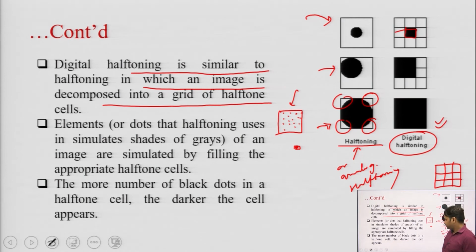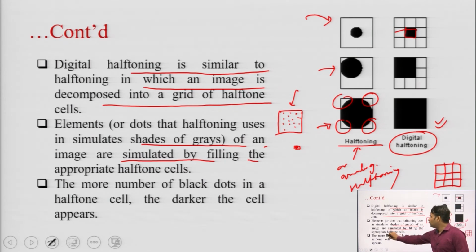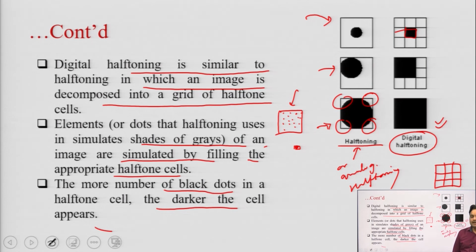Now, shades of gray of an image are simulated by filling the appropriate halftone cells. The more black dots in a halftone cell, the darker the cell appears. So, this gives the idea about digital halftoning and analog halftoning.